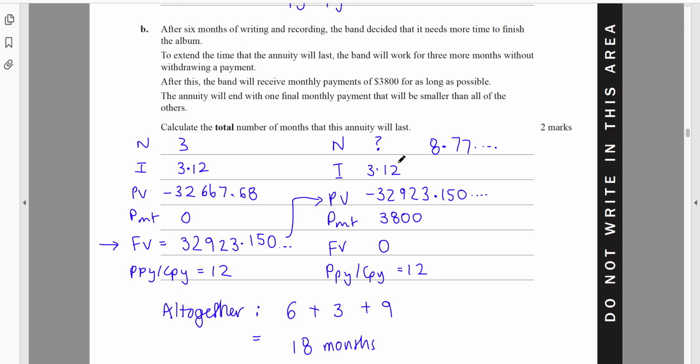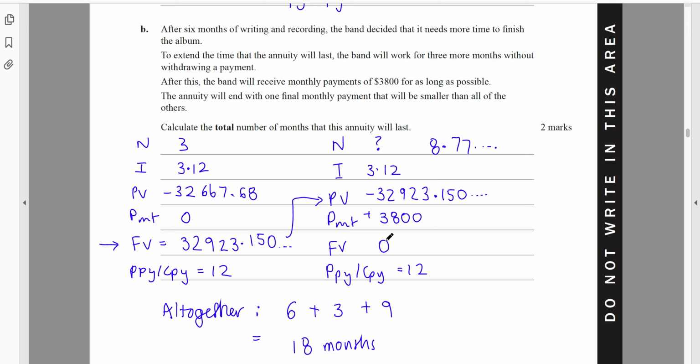I has stayed the same. PPY, CPY has stayed the same. Payment will change to $3,800. It is positive because the band is withdrawing it. It's coming to them. The other thing that's changed is FV because we want to know how many payments, so N, how many payments until there's nothing left in the annuity.